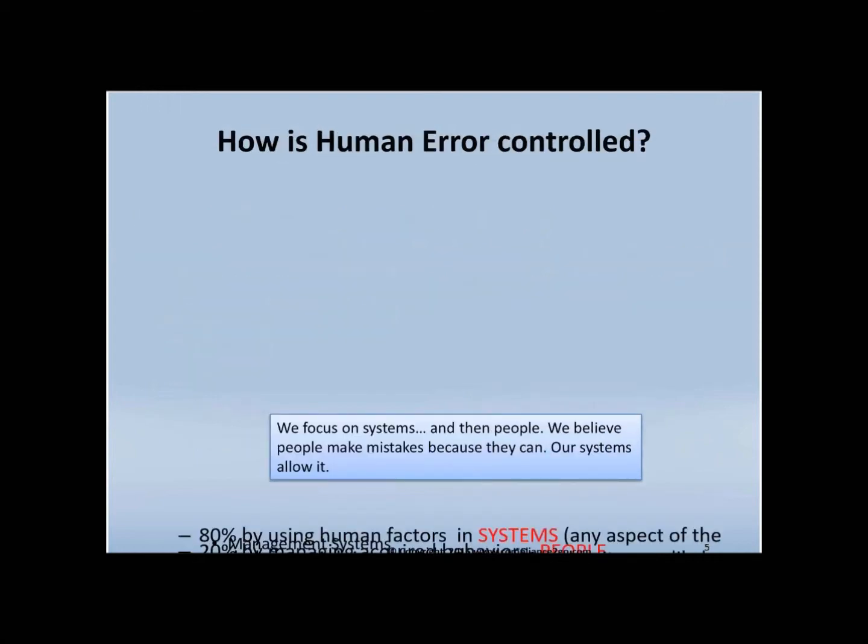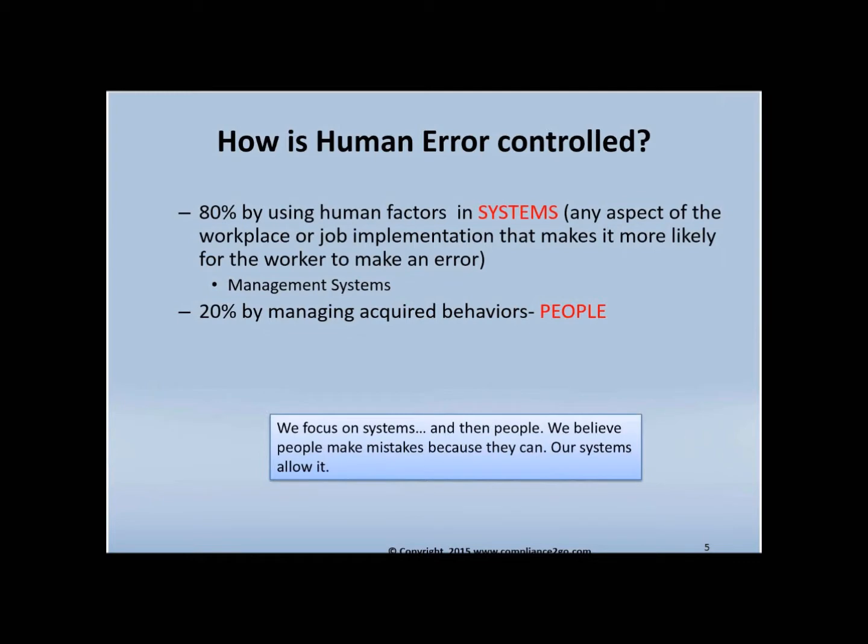Well, our methodology basically provides you with a distribution of the impact of initiatives. For example, when we work with human error reduction, and today you're going to learn how to do it yourself, we put 80% of our efforts in systems and 20% in managing acquired behaviors. That means that 80% of the success of any human error reduction program relies on the system, which is any aspect of the workplace or job implementation that makes it more likely for the worker to make an error.